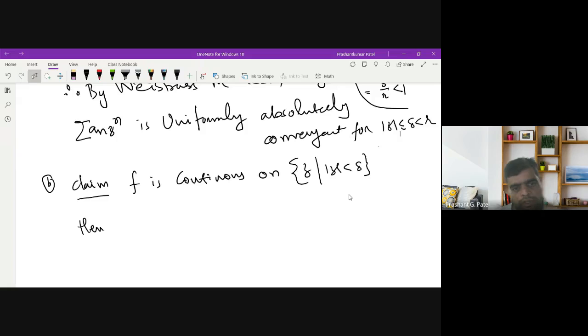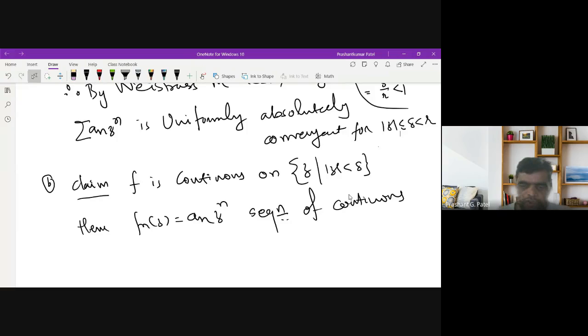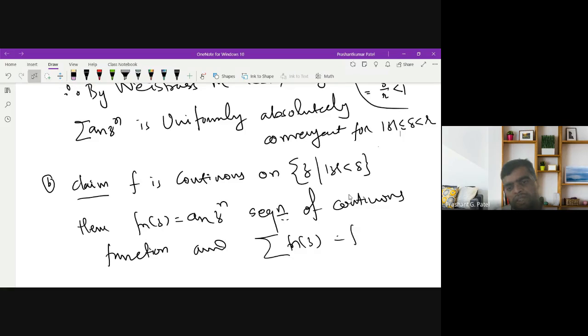Here, if you consider f_n of z equal to a_n z raised to n, it is a sequence of continuous functions because it is a polynomial function, and we know that every polynomial is continuous. And the summation of f_n of z, we have assumed, is f of z.